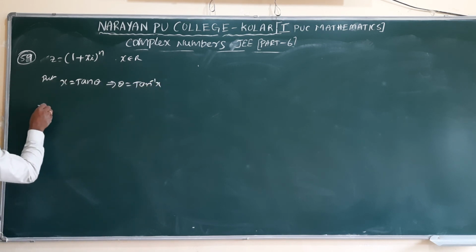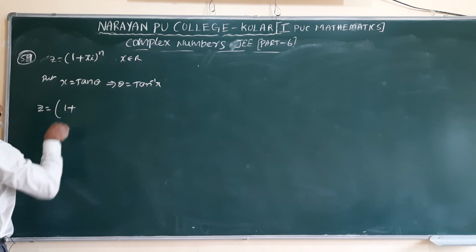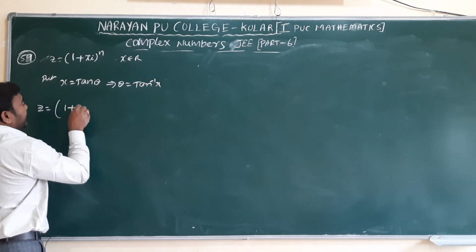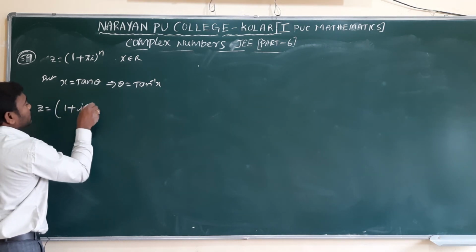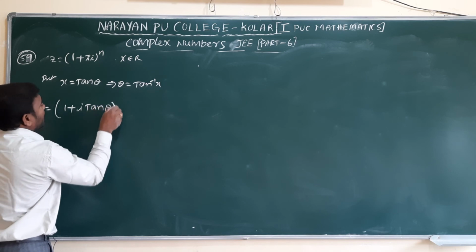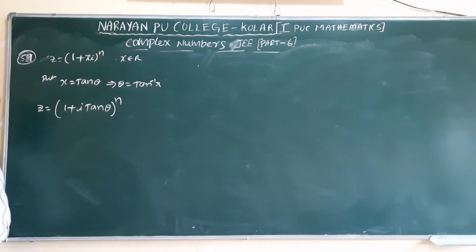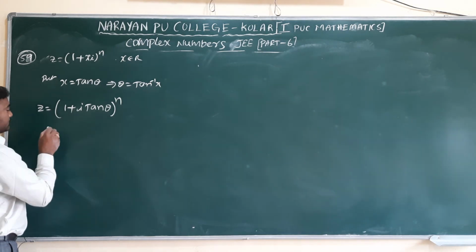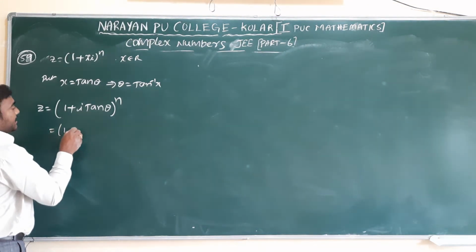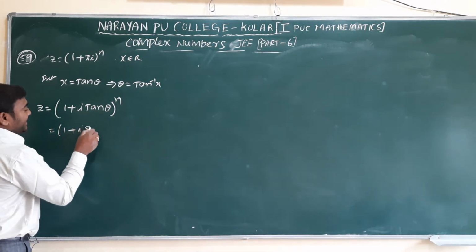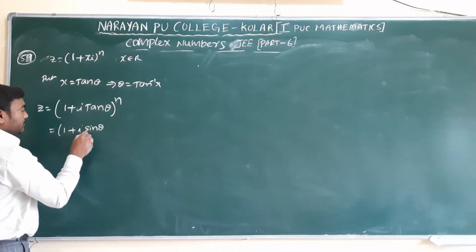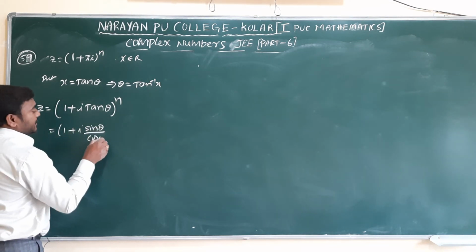Substitute x = tan theta into z, we directly get (1 + i tan theta)^n. Here 1 + i tan theta can be written as 1 + i sin theta by cos theta, since tan theta is sin theta by cos theta.